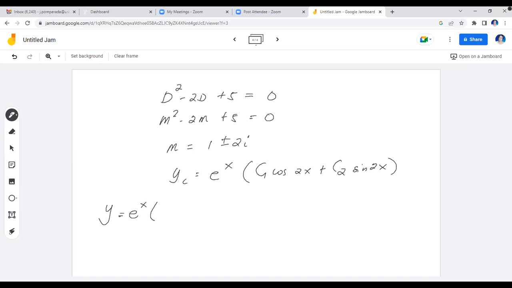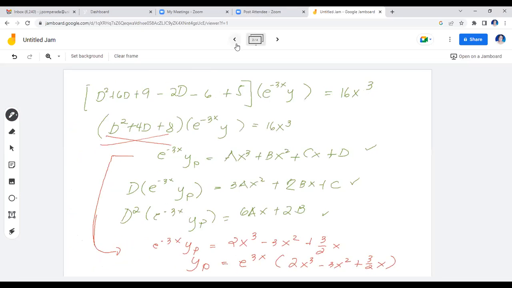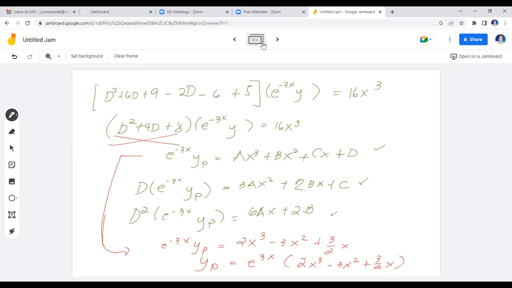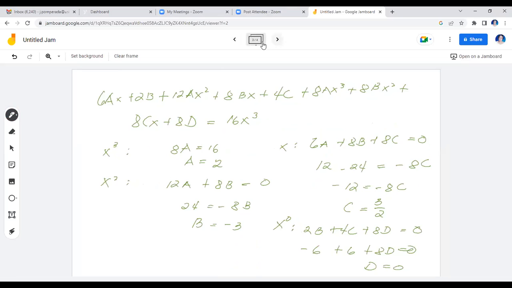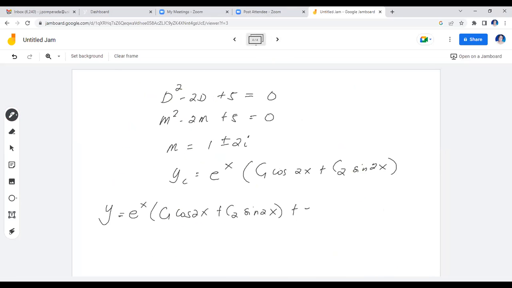So e raised to x, c sub 1 cosine 2x plus c sub 2 sine of 2x, plus the yp that we got in here. This one. So e raised to 3x and you have 2x cubed minus 3x squared plus 3/2 x.